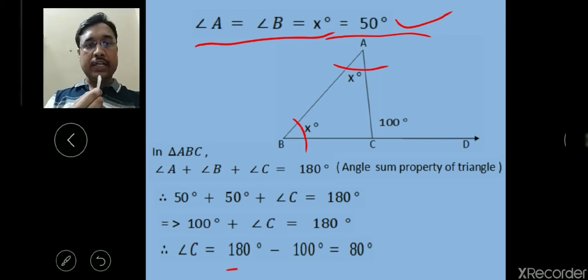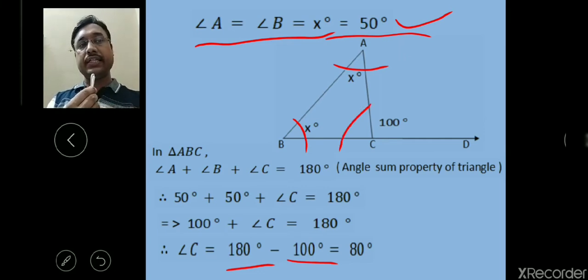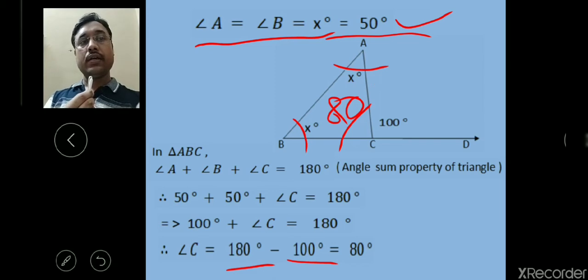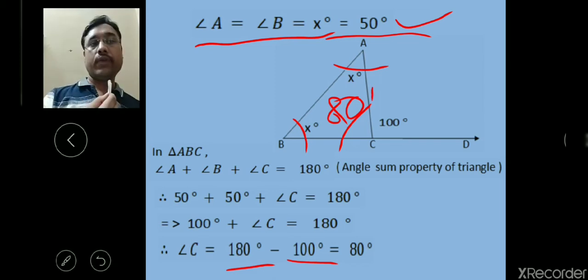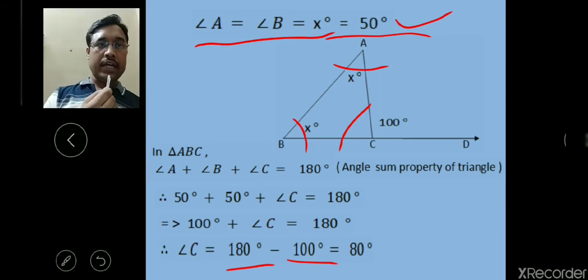So 180 minus 100 is 80 degrees. Angle C equals 80 degrees. This way we have found all the angles: angle A and angle B are 50 degrees and angle C is 80 degrees.